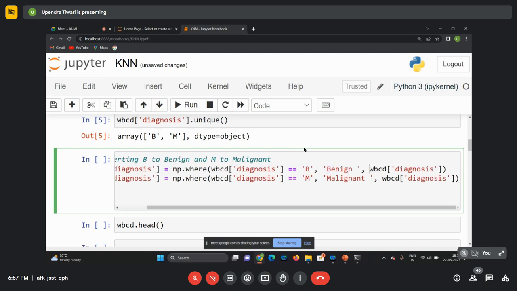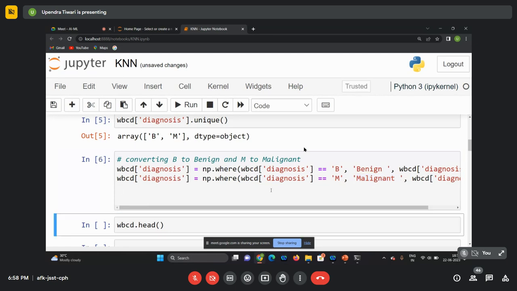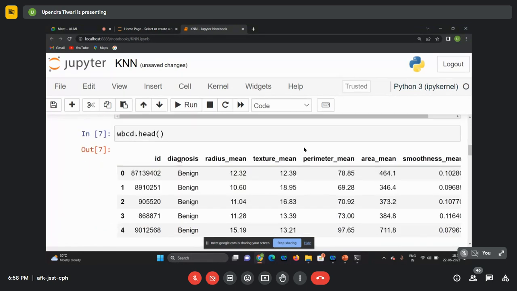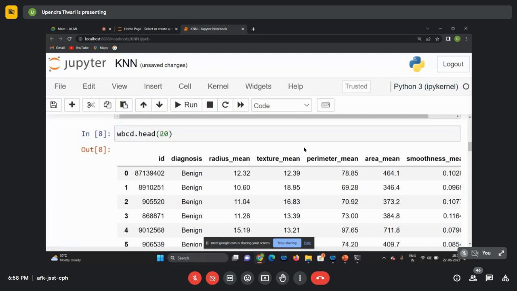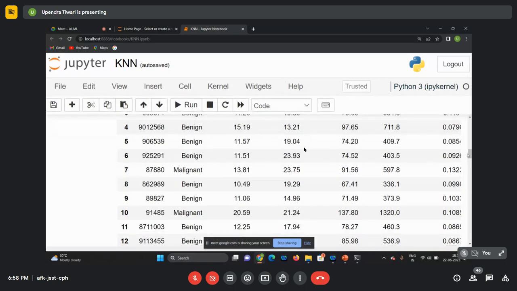In the same way, wherever you find M, replace it with malignant. Now if you see, B has become benign and M has become malignant. I hope that makes sense, everyone.